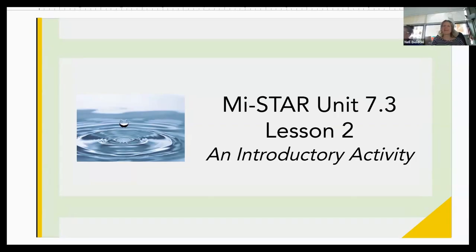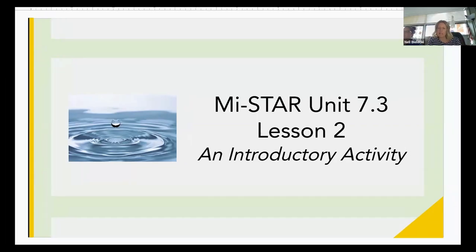So sorry about that. We are going to go through an introductory activity that is used in modeling instruction, but fits really well with Unit 7.3 for seventh graders, the unit on thermal energy. We're going to focus on lesson 2, if any of you have taught that lesson before, but even if you haven't, this would be the precursor activity for the Particles in Motion lab.